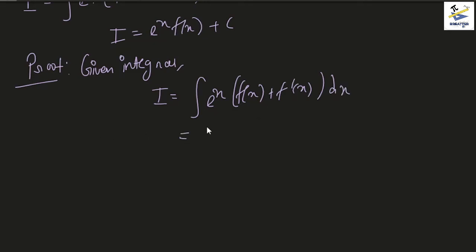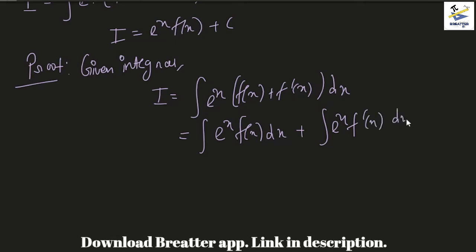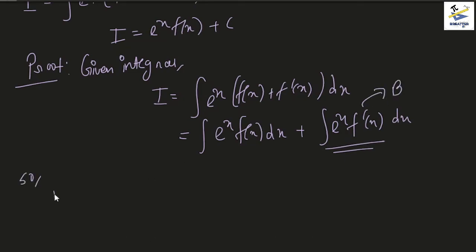Now let us separate it into two different parts, that is the integral of e to the power x into f of x dx plus the integral of e to the power x into f prime of x, or derivative of f of x, dx. So let us try to break down this second integral. Name this integral as b. So b equals the integral of e to the power x into f prime x dx.